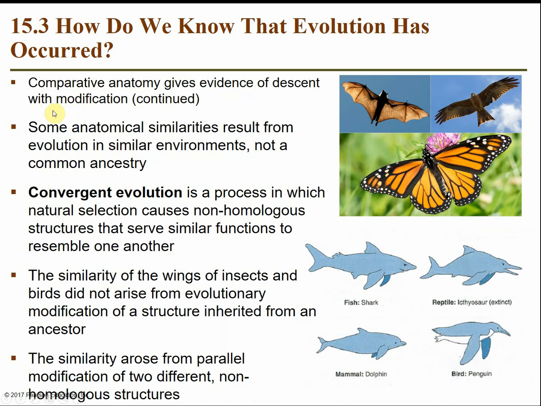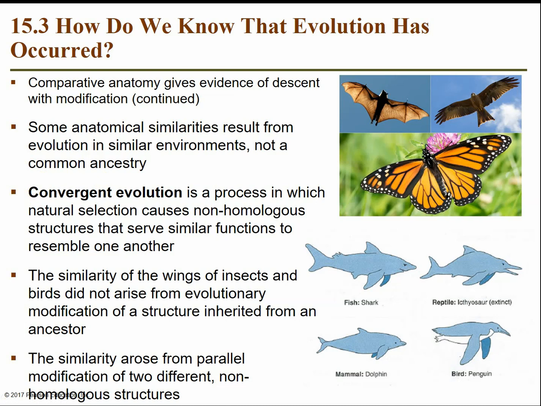We said that some anatomical structures can be traced back to a shared ancestry, but there are some similarities we see that actually result from similar evolutionary pressures or similar environments and not a shared common genetic ancestry. This is called convergent evolution.